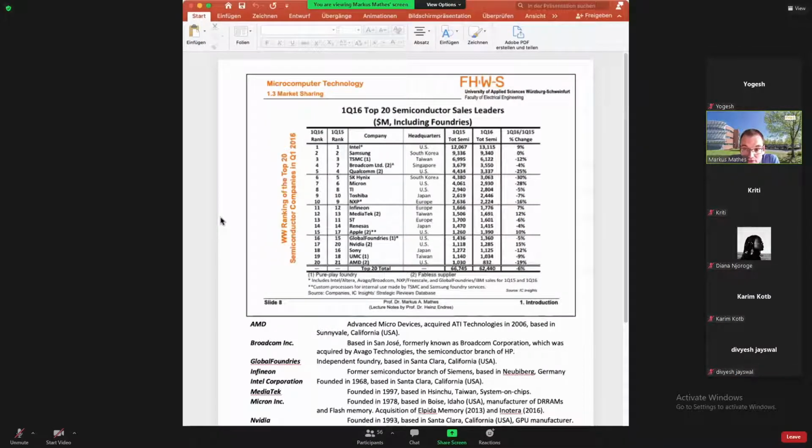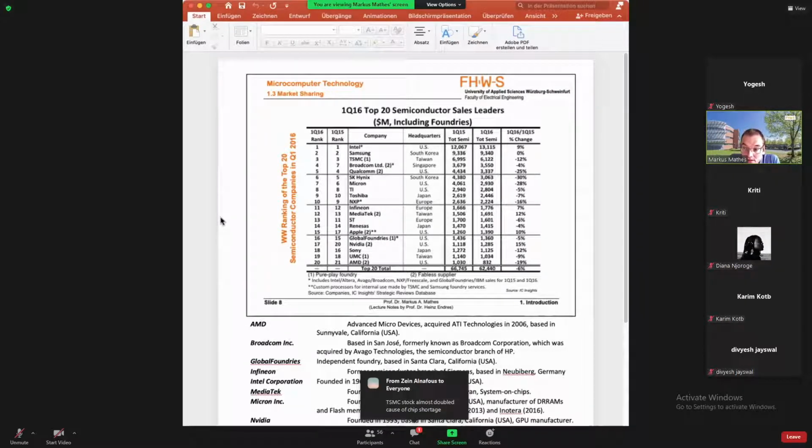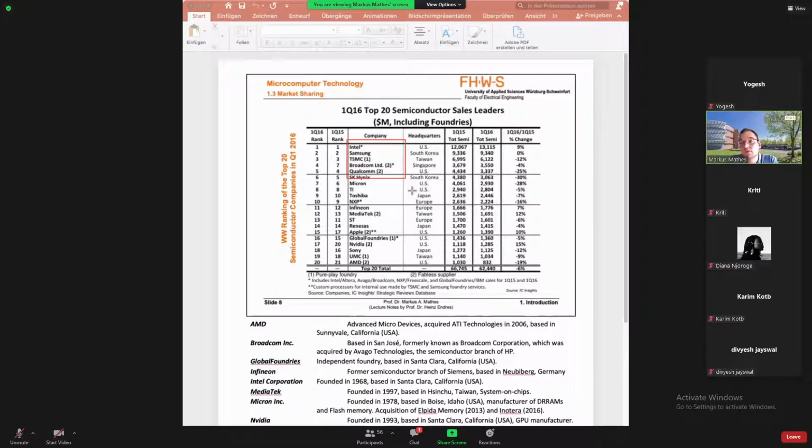Okay, here's the market share that I've already mentioned in the beginning. The numbers are already outdated because they are from the first quarter of 2016, but in the end, it's interesting if you look here at the top five manufacturers for semiconductors: Intel, Samsung, TSMC, Broadcom, and Qualcomm.